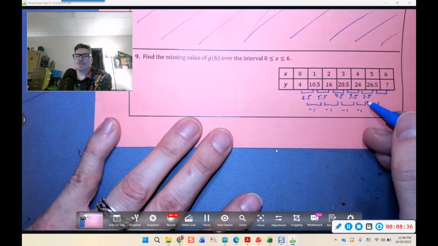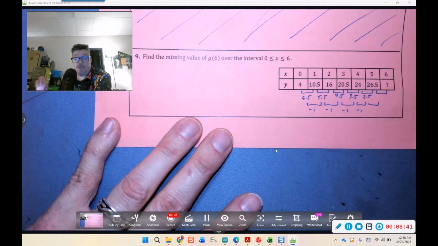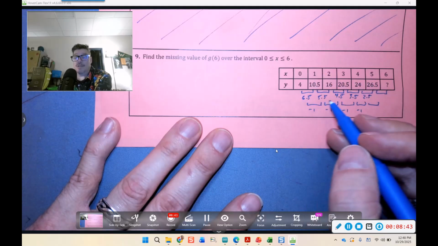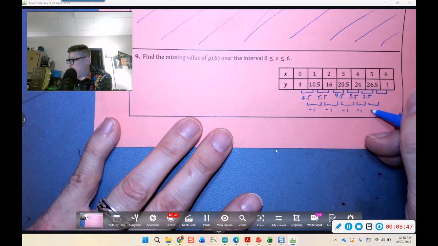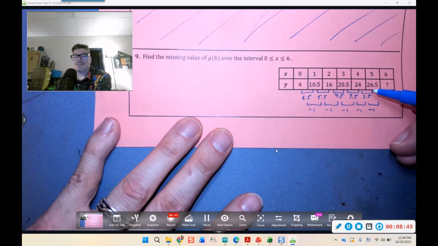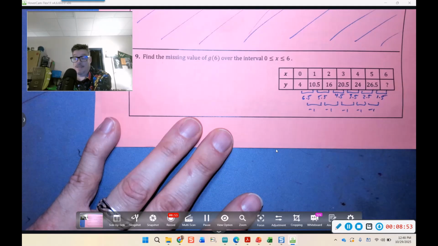So if this is a quadratic, and so far it's a perfect quadratic, then I'm just going to execute this pattern one more time. If I'm going to go down 1, I'm about to go down 1 again. So this means this difference right here should be 1.5. Now, it doesn't mean that 1.5 goes right here in the question mark.